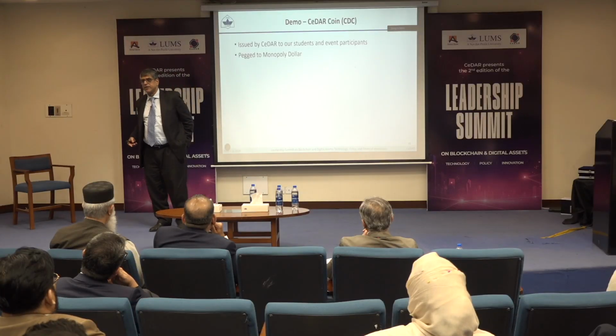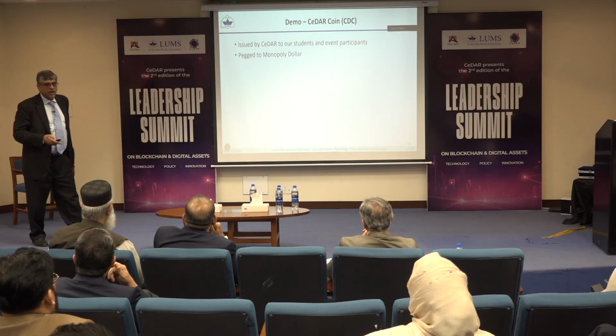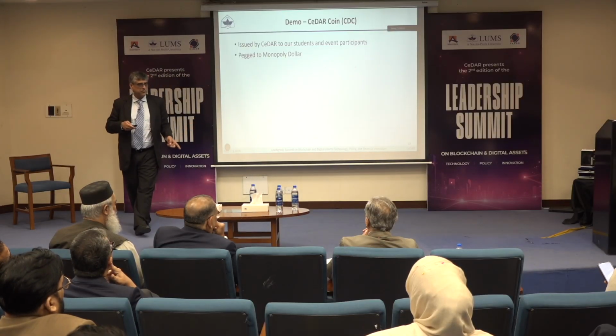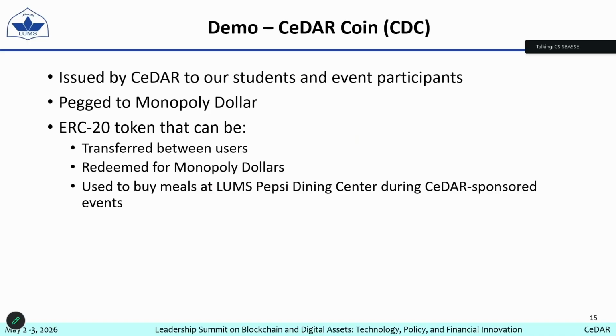So Bitcoin, again, $78,000. We cannot issue that. But what we can do is we can issue our Cedar coin, as many coins as you like. And these are actually pegged to monopoly dollars. So you can redeem these Cedar coins, as we have monopoly dollars in our vault.